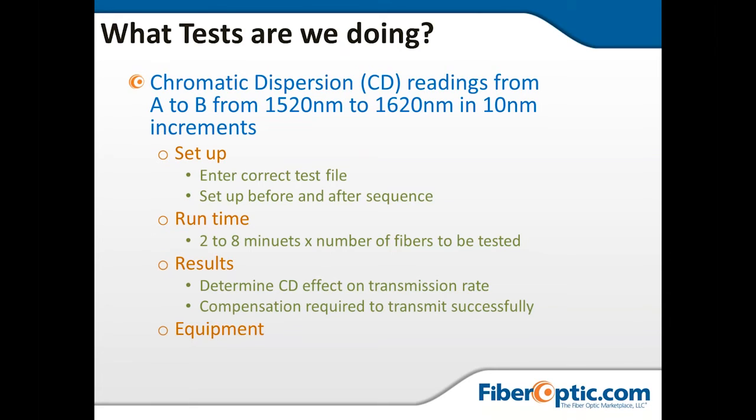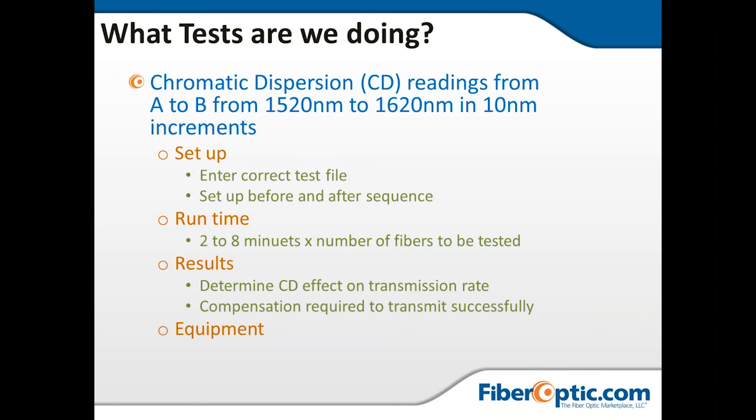So we're going to have to set up, we're going to enter the correct test file. We're going to make sure that we've got the length from our OTDR test entered as the length for this test so that it can give us our correct data. And we'll have all of this set up. It takes from 2 to 8 minutes, depending on the test equipment, times the number of fibers that are being tested.